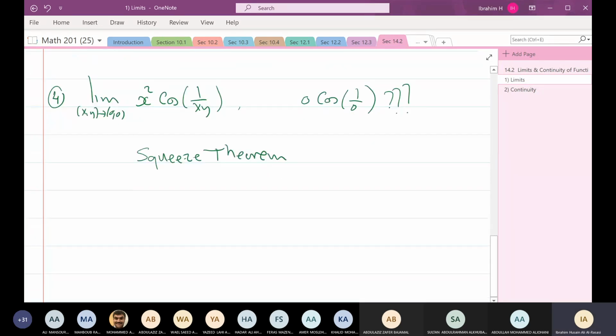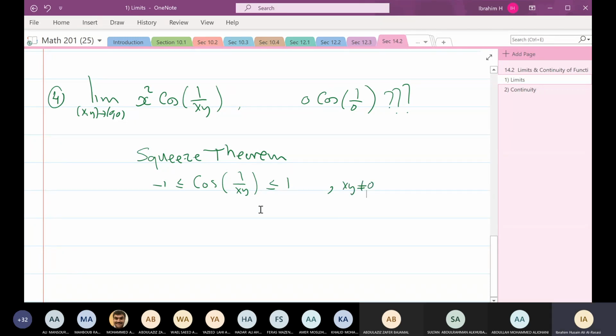What is the idea of the squeeze theorem? Well, we have this complicated function here. We try to squeeze it by simpler functions. How? We start with the cosine. We know that cosine 1 over xy is always between 1 and minus 1, provided the denominator is not equal to 0.